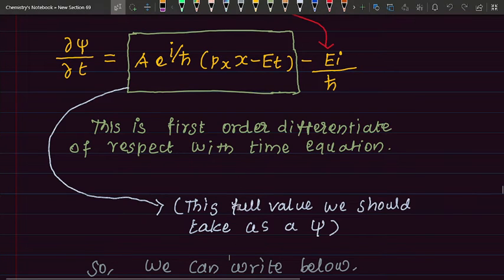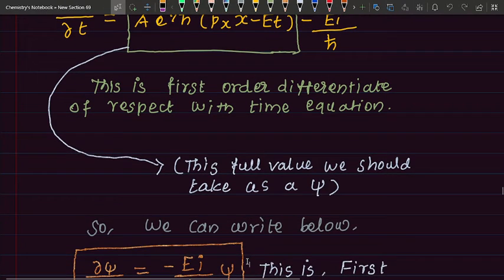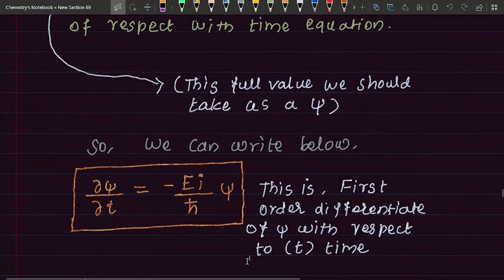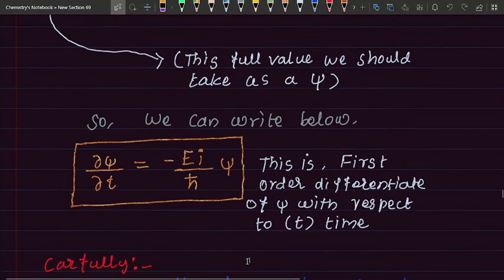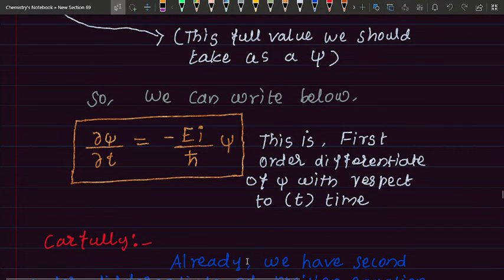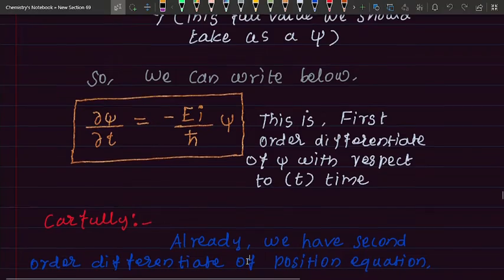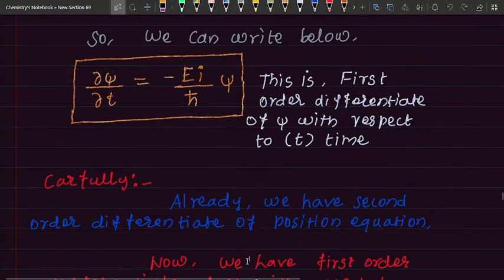So we can write ∂ψ/∂t = minus Ei/ħ ψ. This is the first order differentiation of ψ with respect to t, where t is time. See carefully.